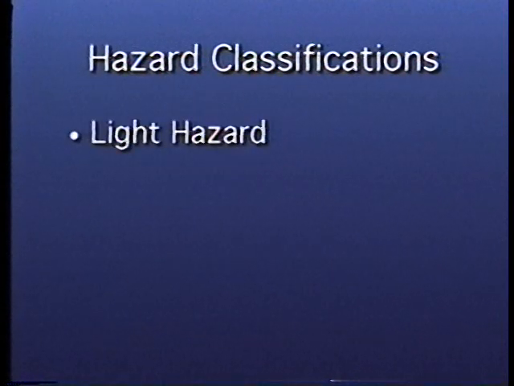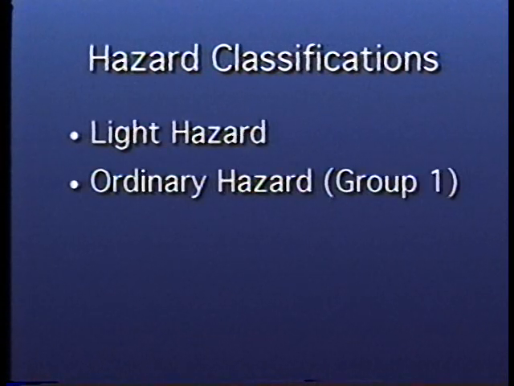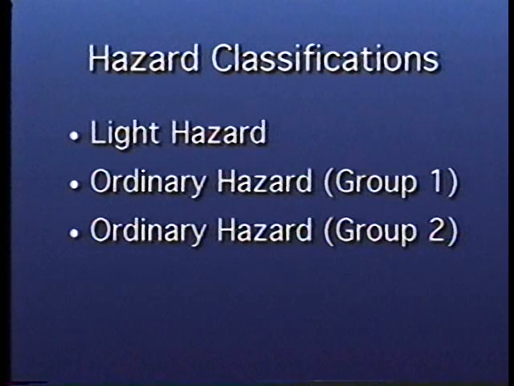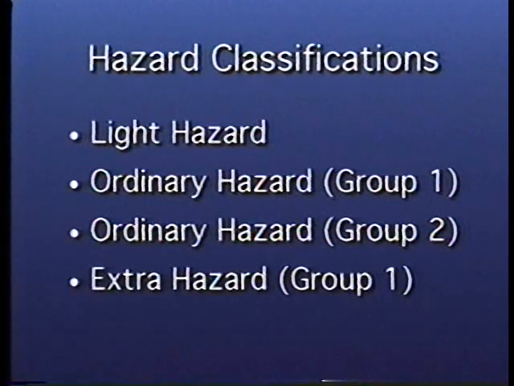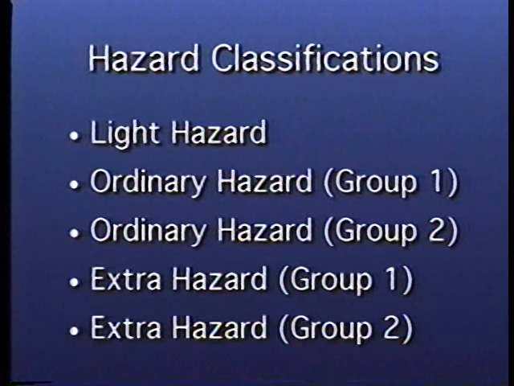As we discussed in Tape 1, NFPA 13 classifies occupancies as light hazard, ordinary hazard group 1, ordinary hazard group 2, extra hazard group 1, and extra hazard group 2. There are also certain NFPA standards that contain sprinkler system design criteria for fire control or suppression of specific hazards.